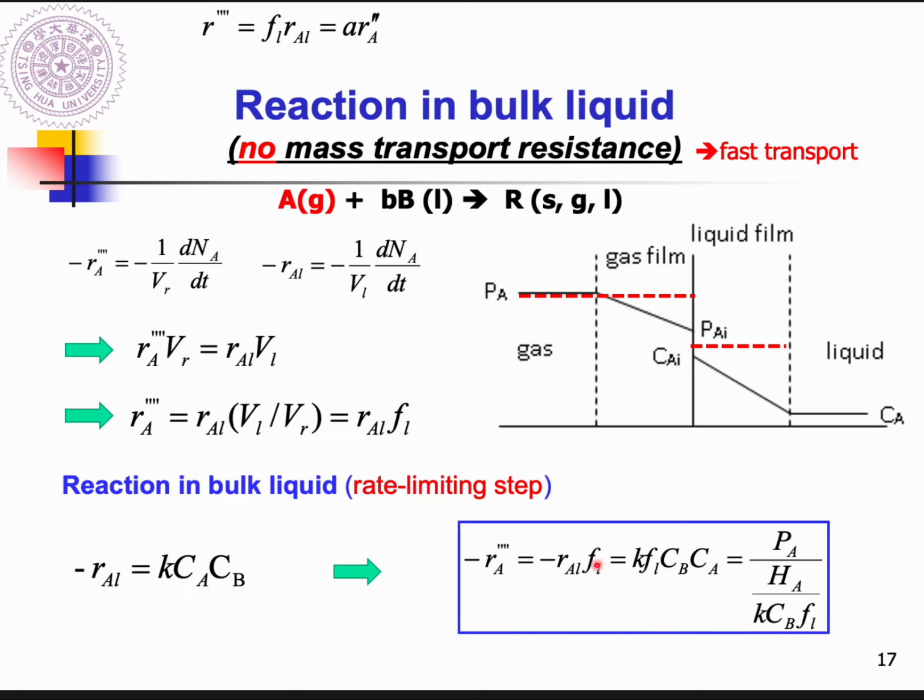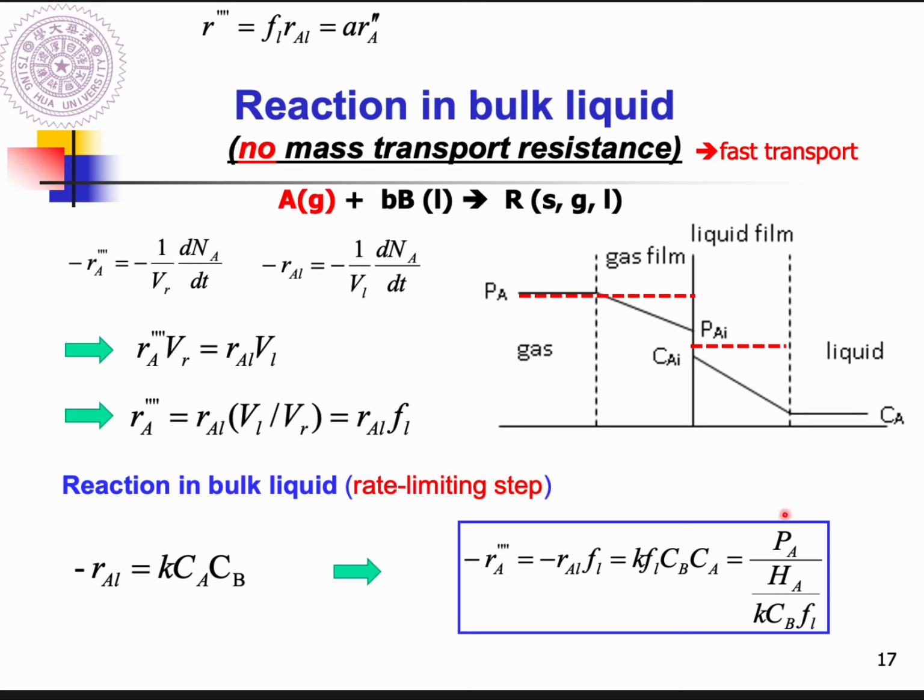So, substitute R_AL as k C_A C_B, so I get these results. And I want to arrange this by the driving force and the resistance part. So the driving force here, I will assume this is a reaction, so the reactant A probably will be totally consumed, or completely consumed, inside the bulk liquid.